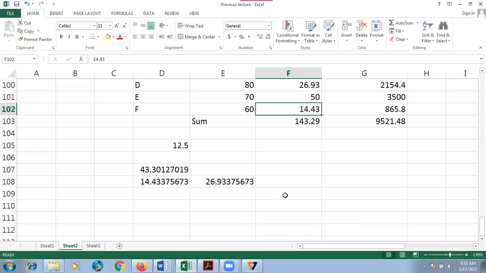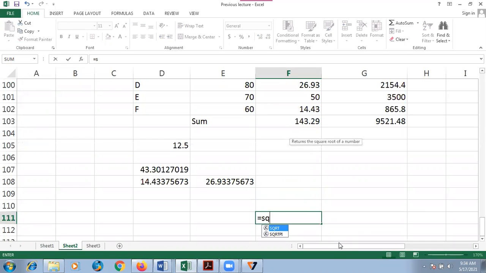So the height of the equilateral triangle: if c square is equal to a square plus b square, then b square is equal to c square minus a square. So you can determine the height of the equilateral triangle as square root of 10 square minus 5 square.